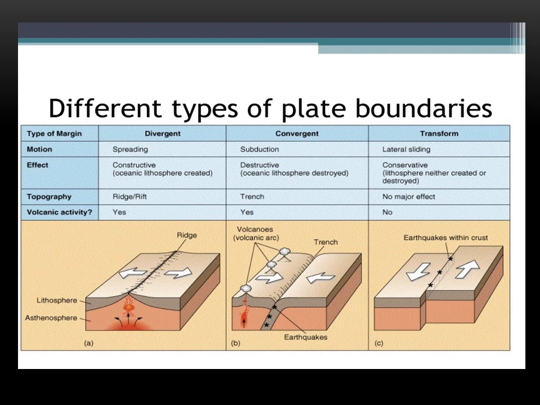In the third one, which is the transform plate boundary, the plates are not moving towards each other, they are not moving apart from each other, they are just sliding by each other. You can see from the arrows that they are just sliding past each other, forming a transform plate boundary.